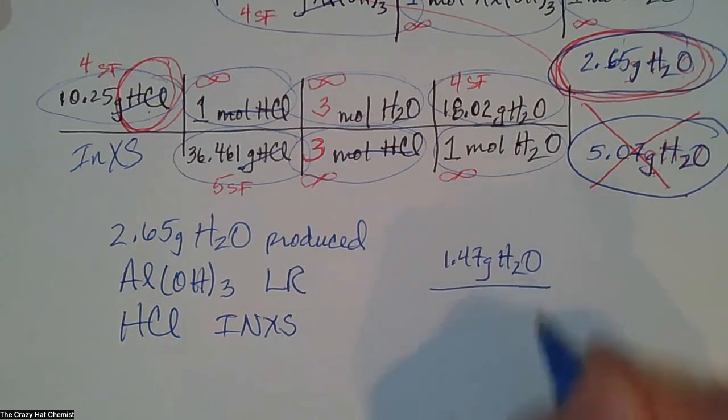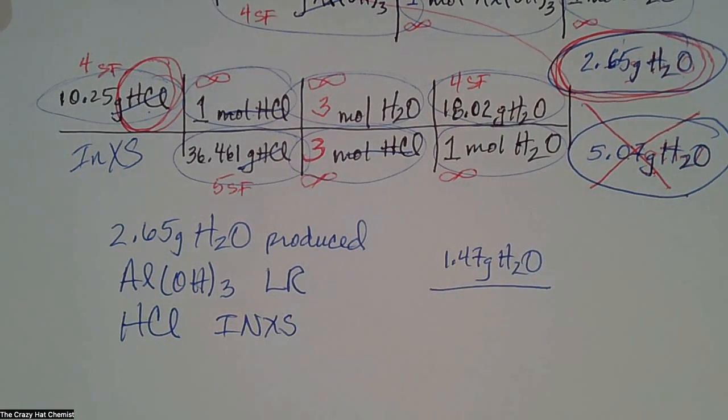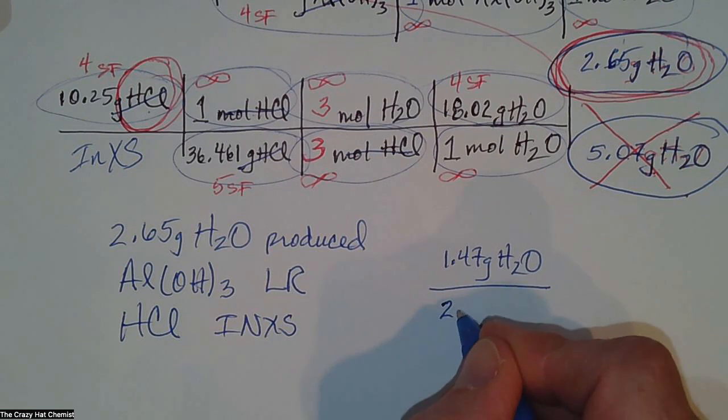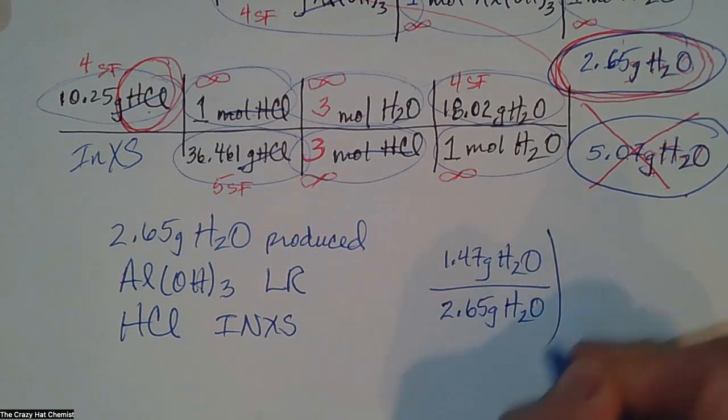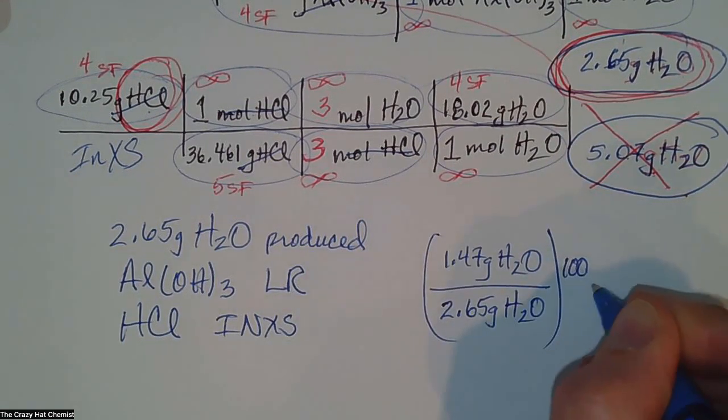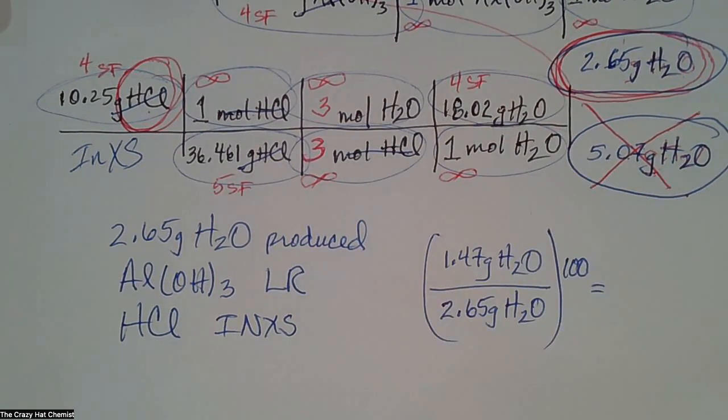That's the actual value because it's given in the problem. And I'm going to divide by the theoretical or calculated value, 2.65 grams H2O. I'm going to multiply this by 100. And then I'm going to get my percentage.